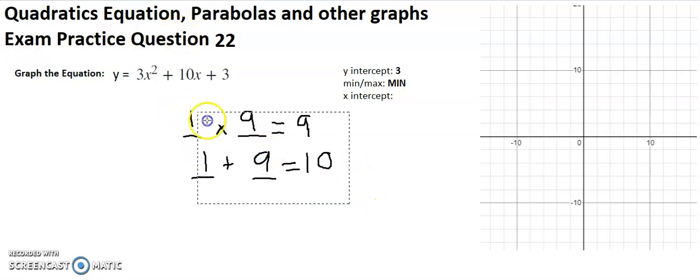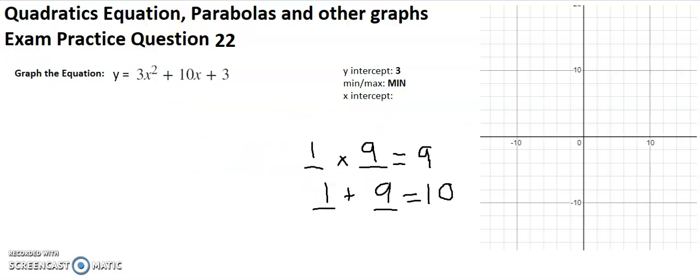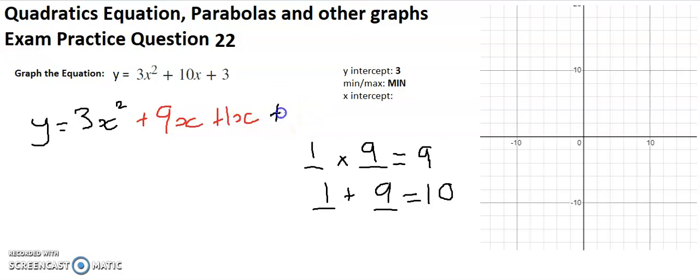So I'm just going to rewrite my equation using those amounts. I'm going to say y equals 3x squared. Now instead of saying 10x, I'm going to say I've got plus 9x plus 1x, which is the same as saying I've got 10x, plus 3.